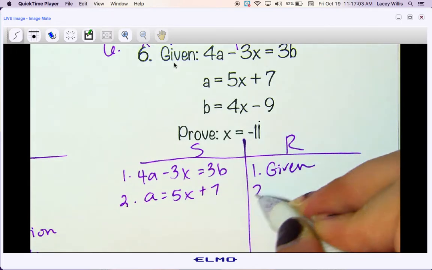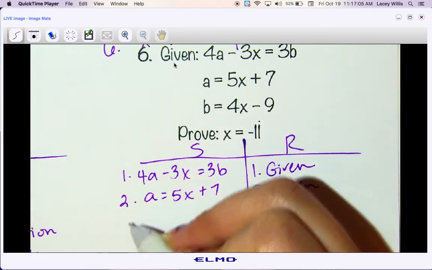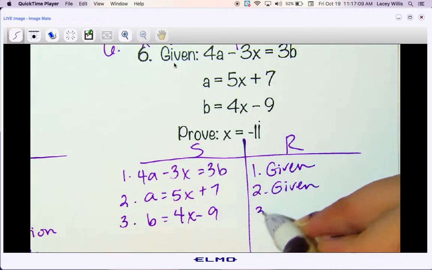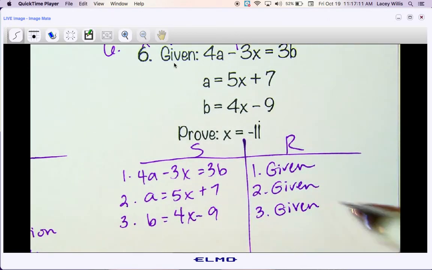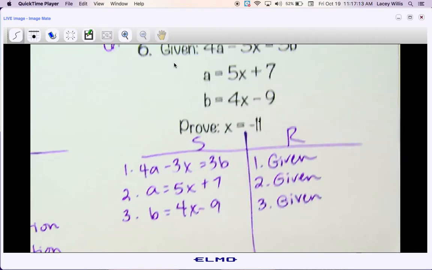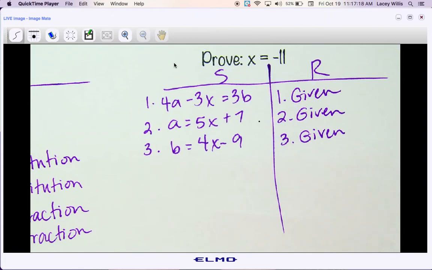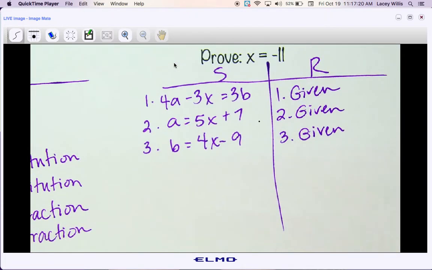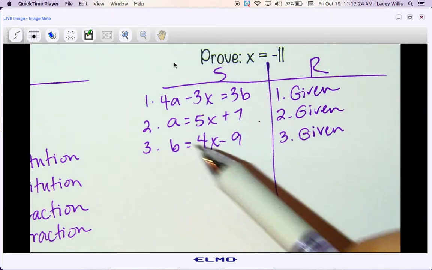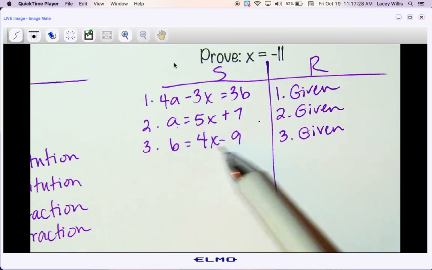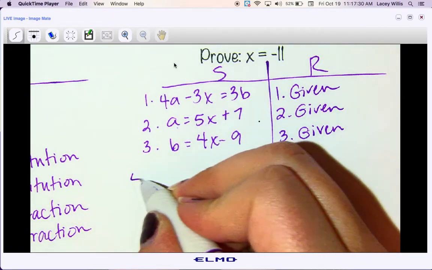So I'm listing the givens first. Okay, can you solve any of those equations? No, they all have more than one variable, right? So I'm going to replace, and I'm going to do this all in the same step since it's the same thing. I'm going to take an A out and put this in its place up here. I'm going to take B out and put this in its place. What's that called? Substitution.